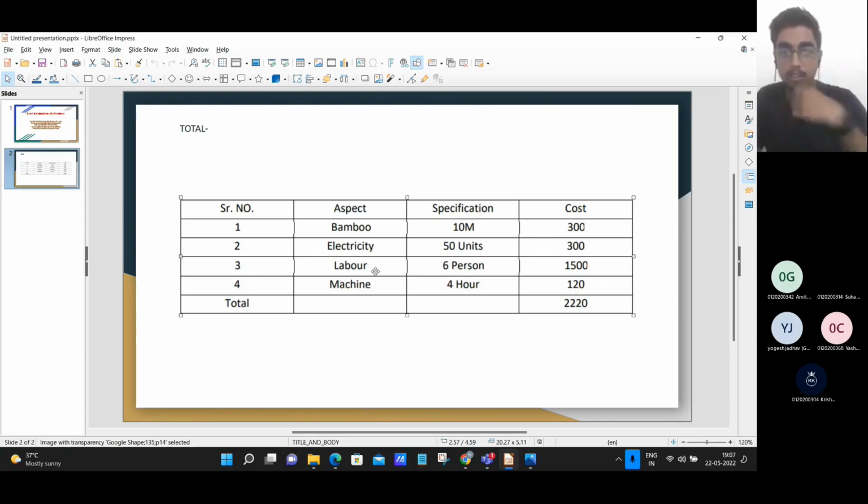Labor cost was 250 per person, so the final cost will be 1,500 for labor. The machine was used for 4 hours, so the total cost for the machine is 120 rupees. So the total cost estimation of the product is 2,220 rupees.